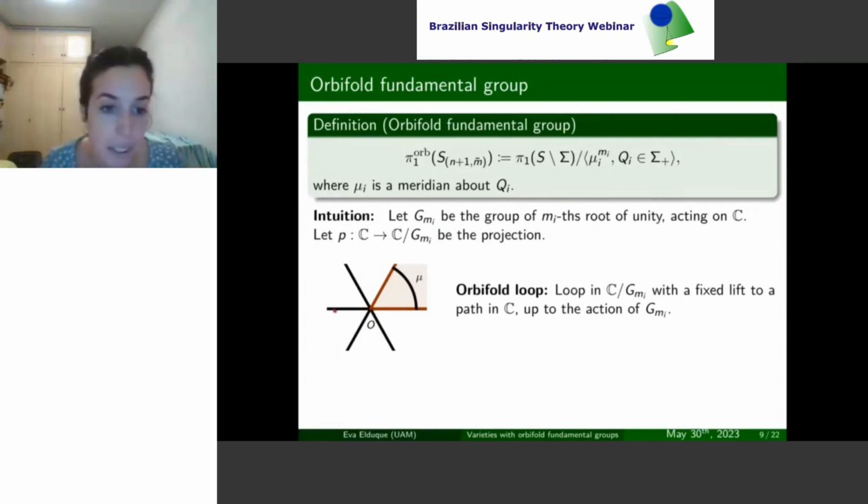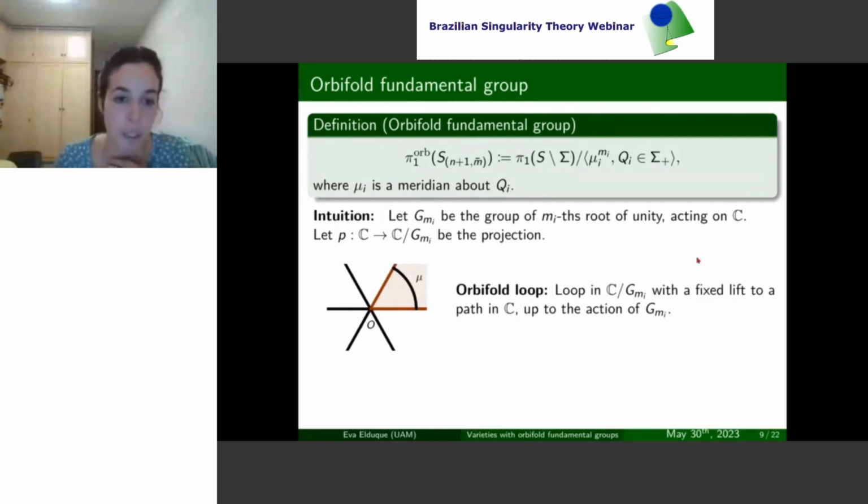Well, I guess I made this drawing for m_i equals 6. So each point in the complex plane has 6 pre-images except for the origin, which only has one. And so you have to think about this point as having multiplicity 6.